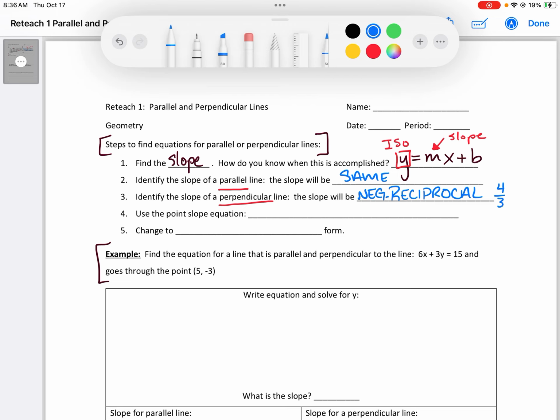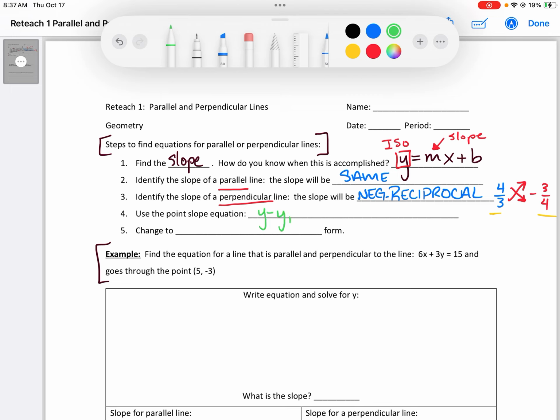So for instance, if I had a slope of 4 over 3, I would flip the slope and flip the sign. Those two lines with these two slopes are perpendicular. Then I would use the point slope equation.